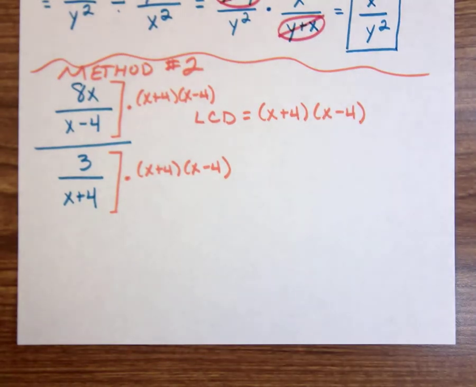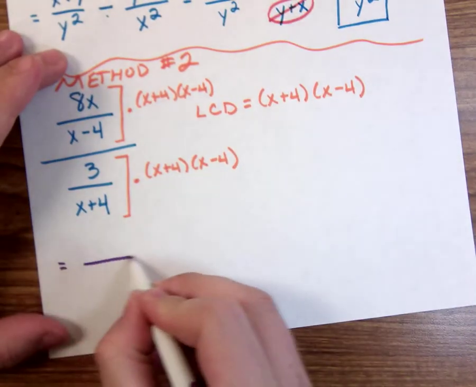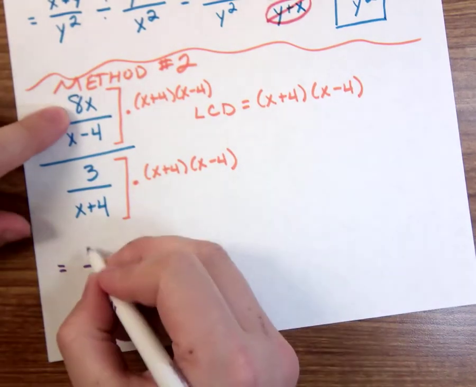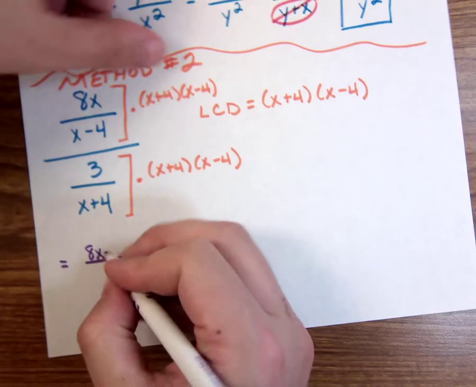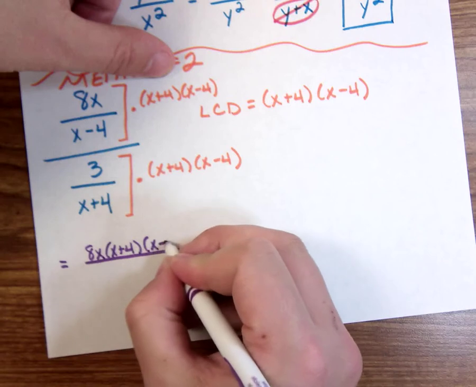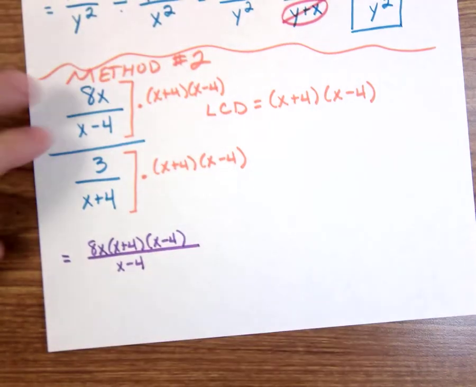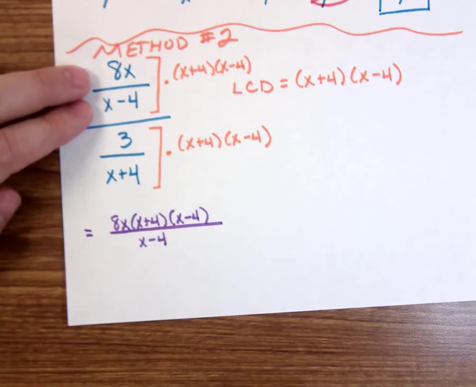Okay, how is that going to help me? Well, let's see what this looks like after I do that. So on the top here, I will have 8x, x plus 4, x minus 4 over x minus 4. That's just this piece, right?